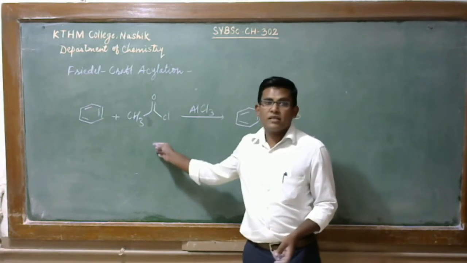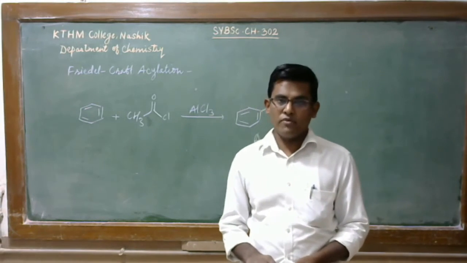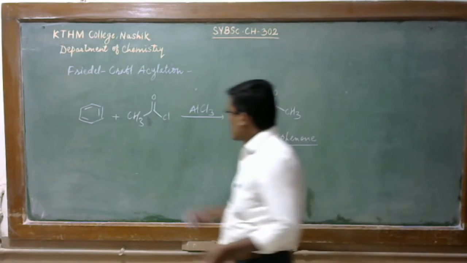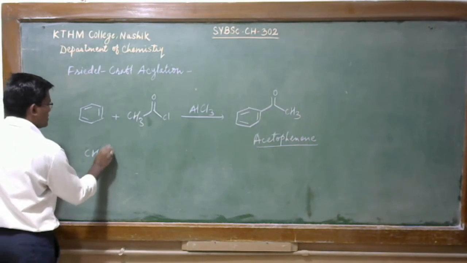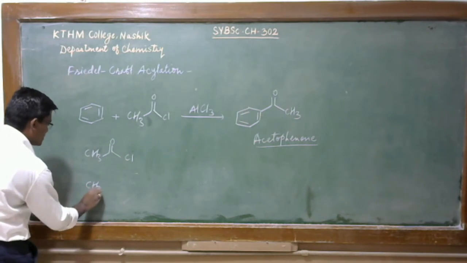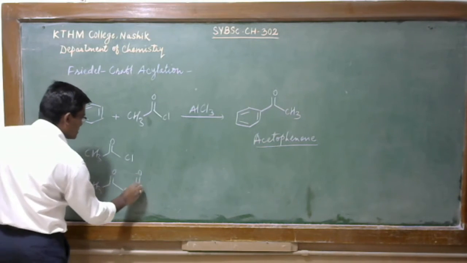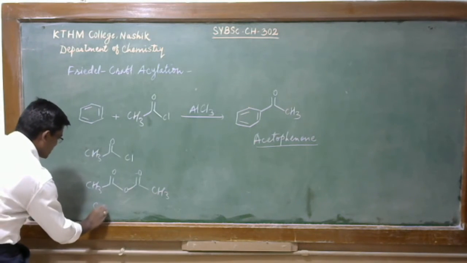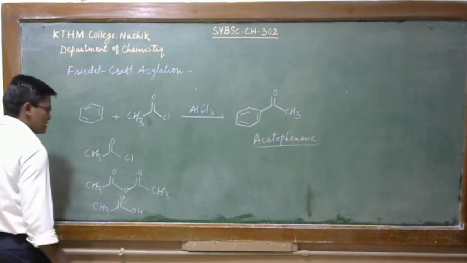So in this reaction, the effective electrophile is the acylium ion, which can be generated from acid chloride. Okay, this is the acid chloride. Then we can generate it from acetic anhydride, or even from acetic acid.